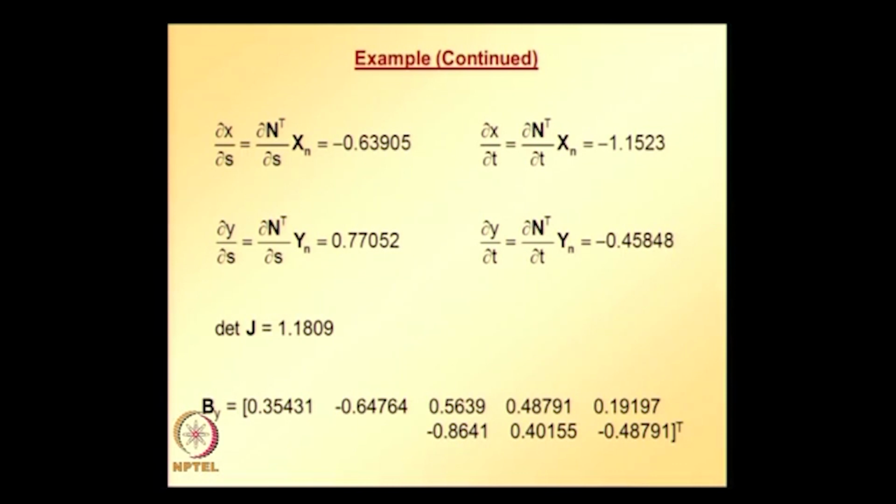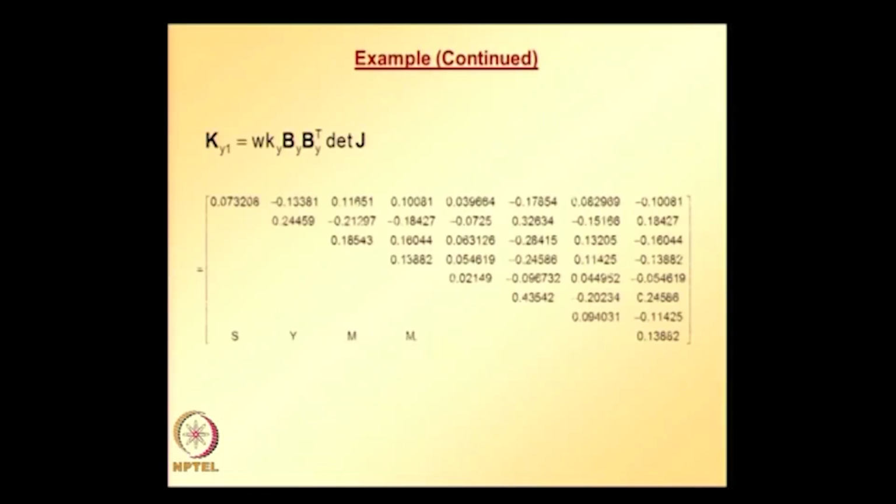So once we get this vector, multiply the coefficient ky with B transpose, Jacobian determinant times weight. After doing the vector multiplication we get this matrix. So this is at one integration point.